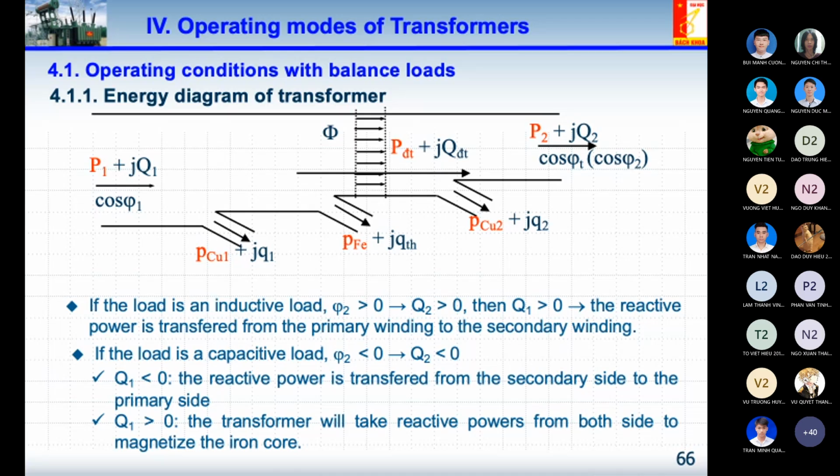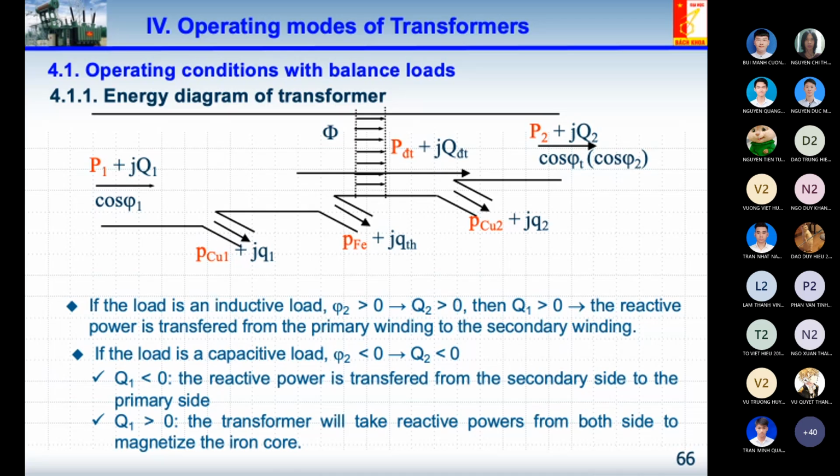That's the reason why, when we come back to this case, the reactive power is transferred from the secondary winding of the transformer to the primary winding, or we can say the transformer transfers reactive power to the electrical system.